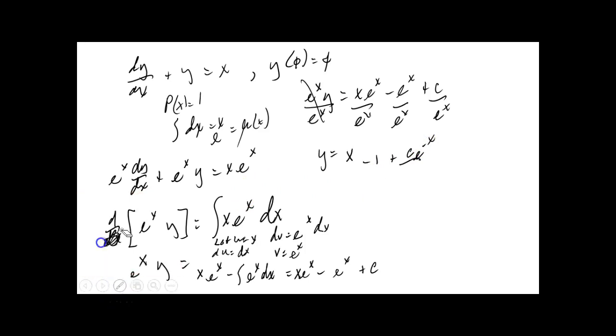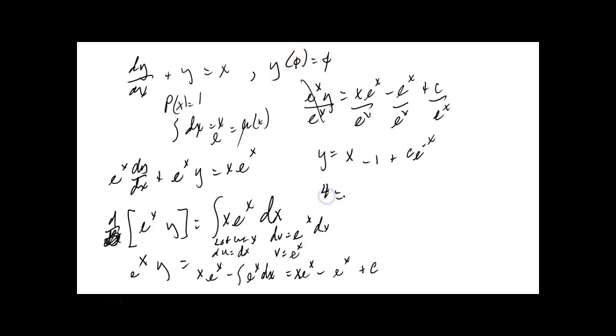Now, it gave us y of 0 equals 4. So that's exactly what we do now. That is a 4 there. So when x equals 0, y is equal to 4.